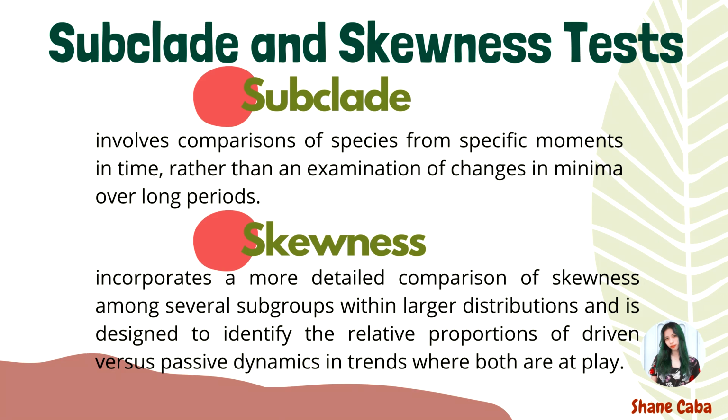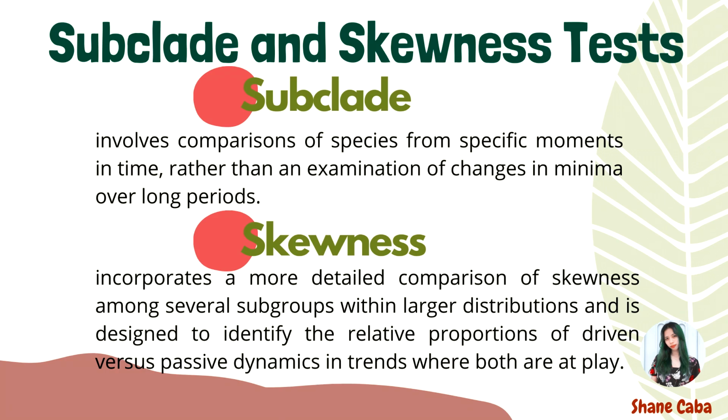The second test of driven versus passive dynamics is known as the subclade test. It involves comparison of species from specific moments in time, rather than an examination of changes in minima over long periods. Therefore, an advantage of this approach is that it does not require detailed historical information regarding relationships among species.